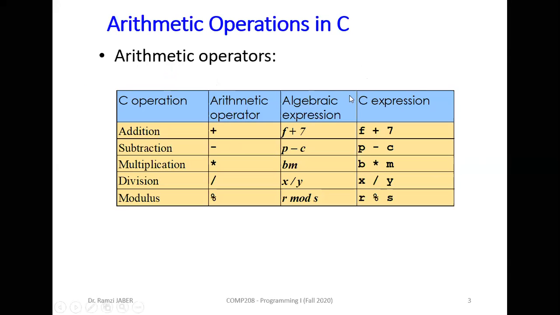We have arithmetic operators, like addition, plus: in an algebraic equation written f plus 7, in C the same. Subtraction, minus: p minus c. Multiplication, star: in math b m, in C b star m.